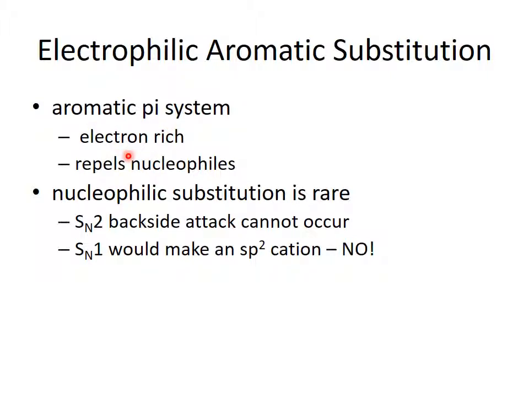It's going to repel nucleophiles, and what happens is it attracts electrophiles. You can have some nucleophilic substitution on a benzene ring, but it's not very common at all, and it takes some highly electron withdrawing groups on the ring in order for that to happen. So what we're going to see is aromatic compounds tend to do electrophilic substitutions.